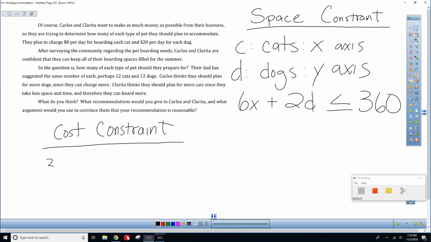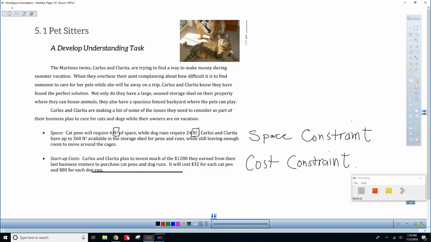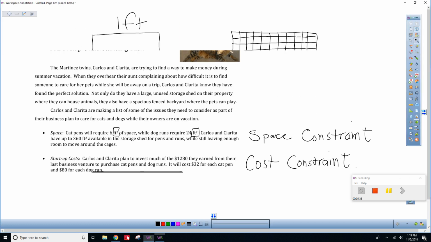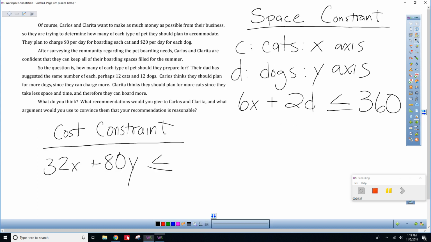So 32x plus 80y, and that cannot exceed the amount of money that we had left over from our last business venture, which I believe was $1,280. So it's got to be less than or equal to $1,280. These constraints are going to follow us throughout this entire chapter.